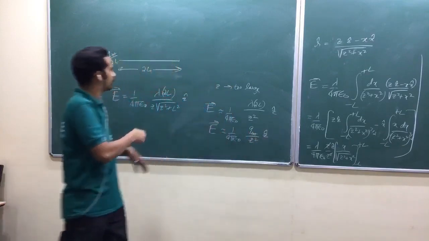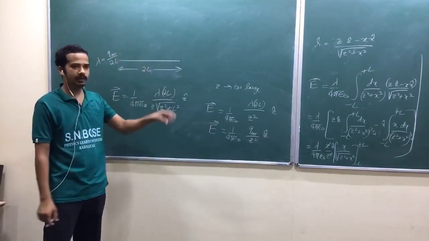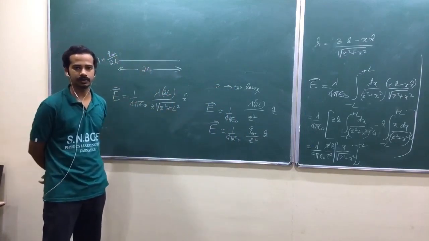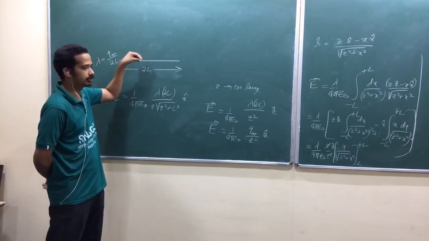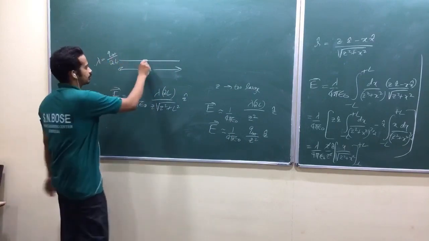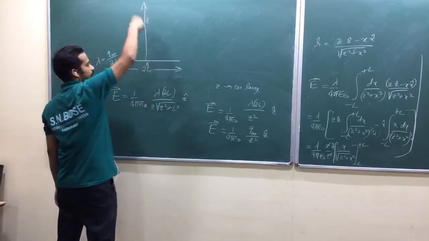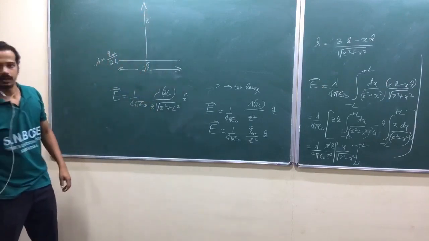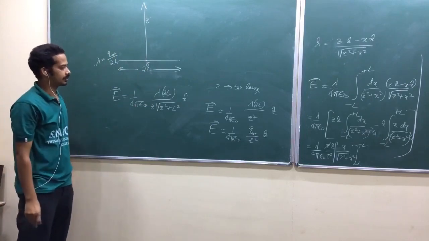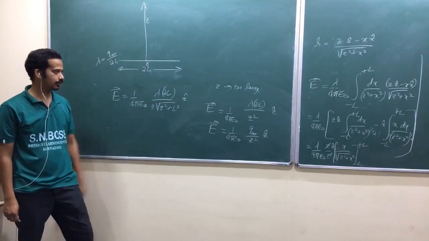When you look at the configuration from a very large distance, you will feel that the total charge is a point charge situated at the origin, and you are at a distance z from the origin. You can use this to eliminate options.